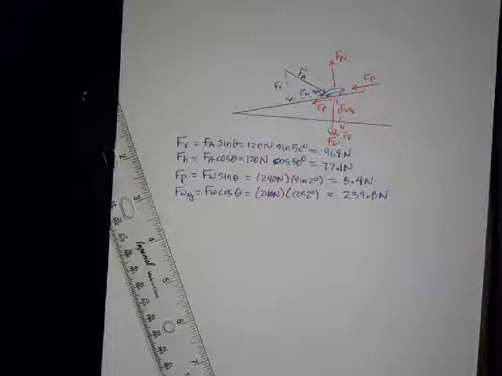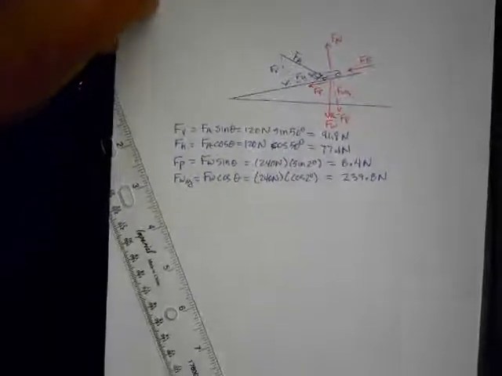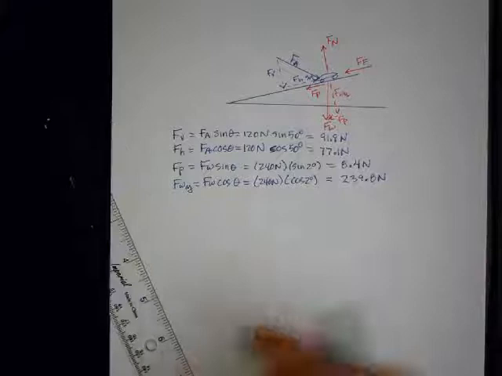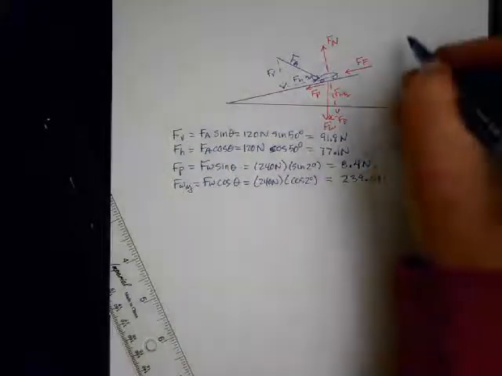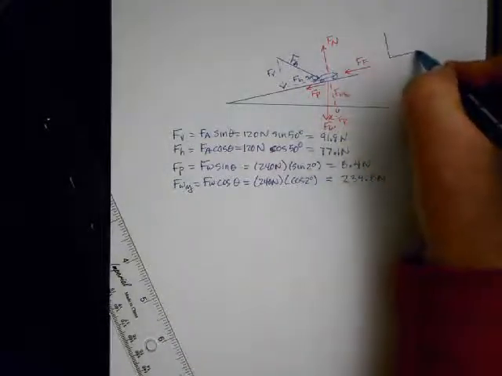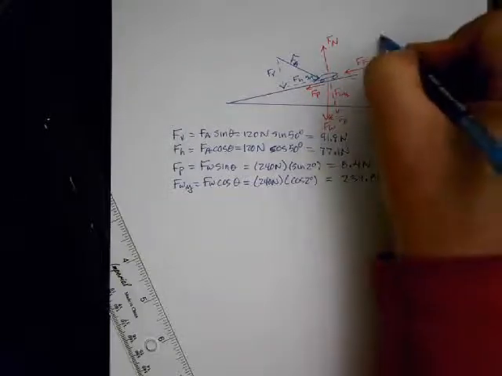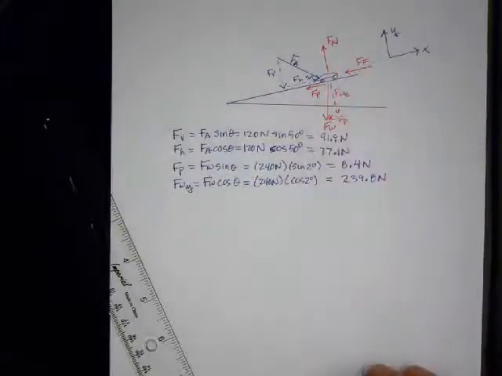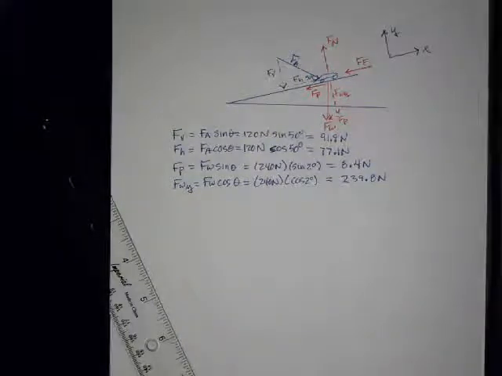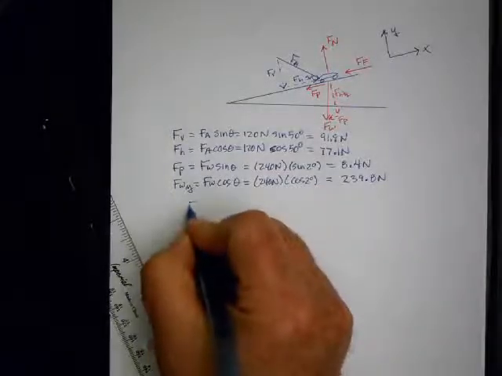Now, first off, our orientation has changed. We always do our orientation based on how we're moving. So since we're going up the hill, we have to do X that way and Y perpendicular to it. So the F net in the X direction, well, what do we got going? Well, we've got our FH pushing up the hill.